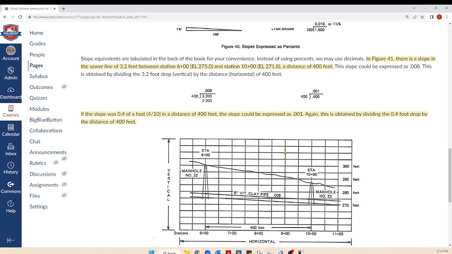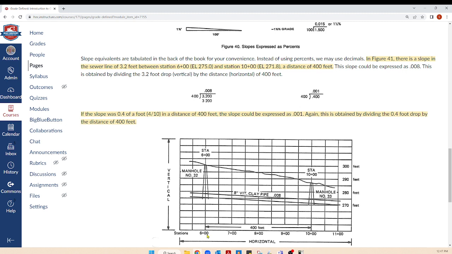This profile is like, this is the land. This is the existing grade right here. You see that? Okay. So this is the horizontal distance. This is survey speak right here.